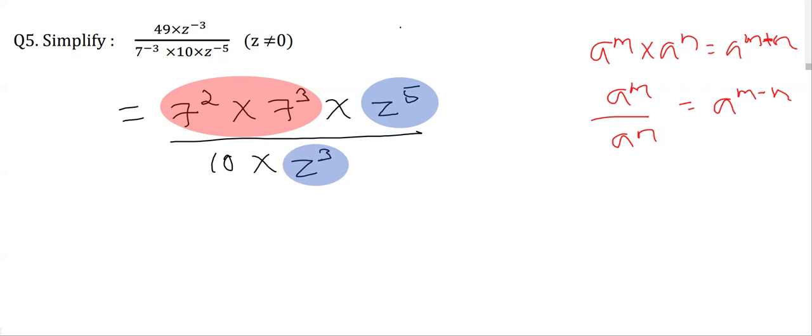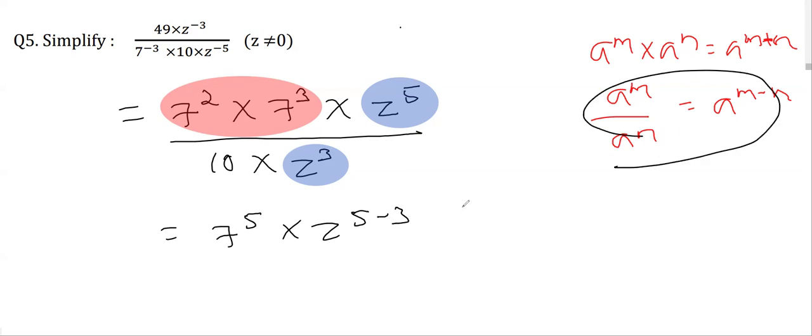So what you can see here is that the same bases are multiplied. So applying this property, we'll say that powers will be added. So it should be 7 raised to the power 5. And if I apply laws of exponent over here, I should say that this is z raised to the power 5 minus 3 by applying this property, that is, same bases divided, powers are subtracted.